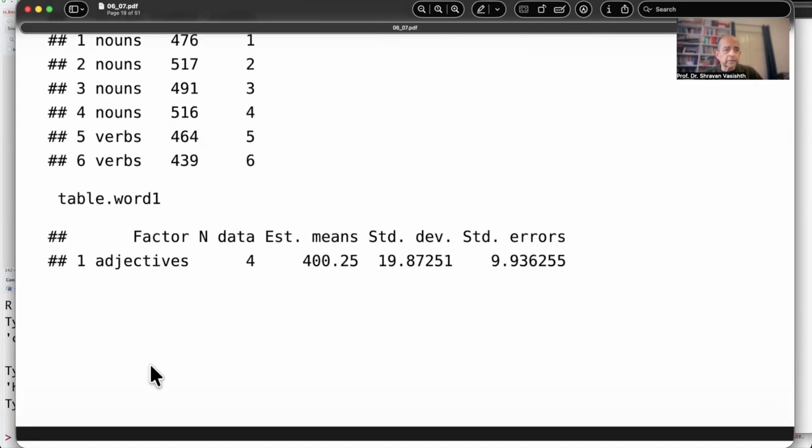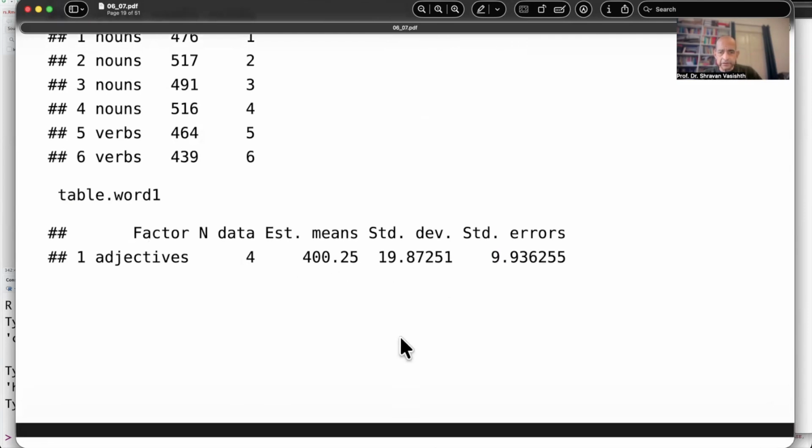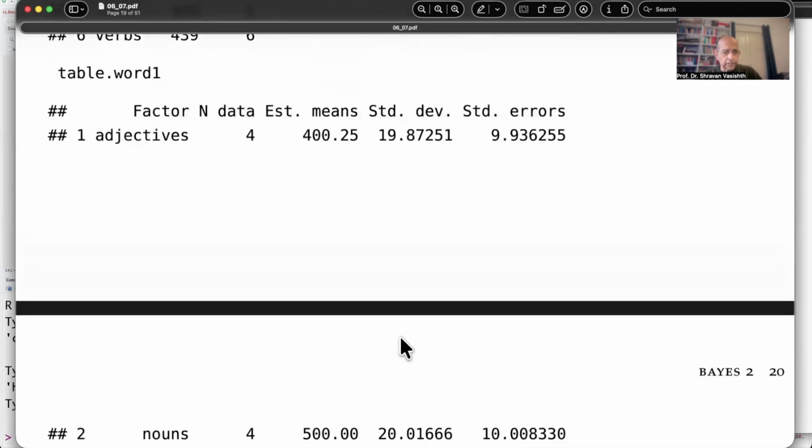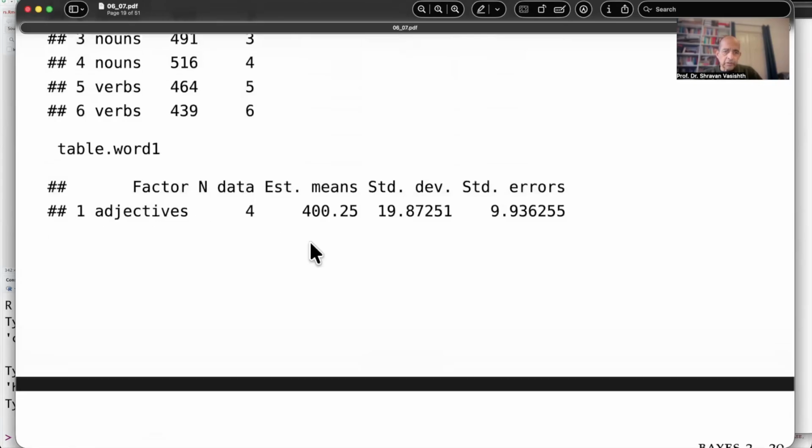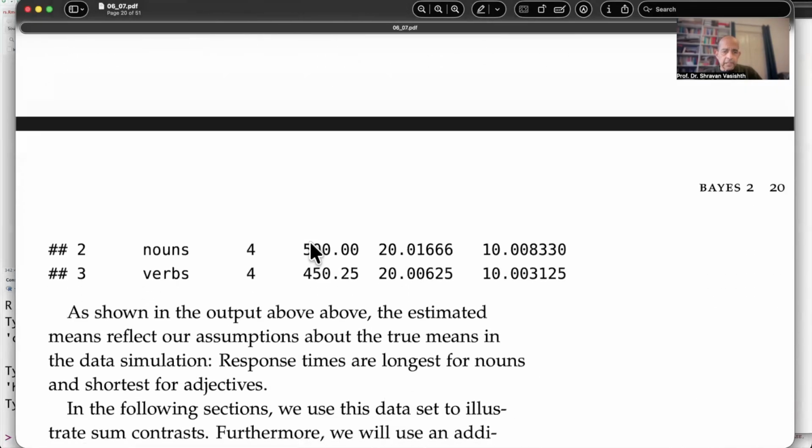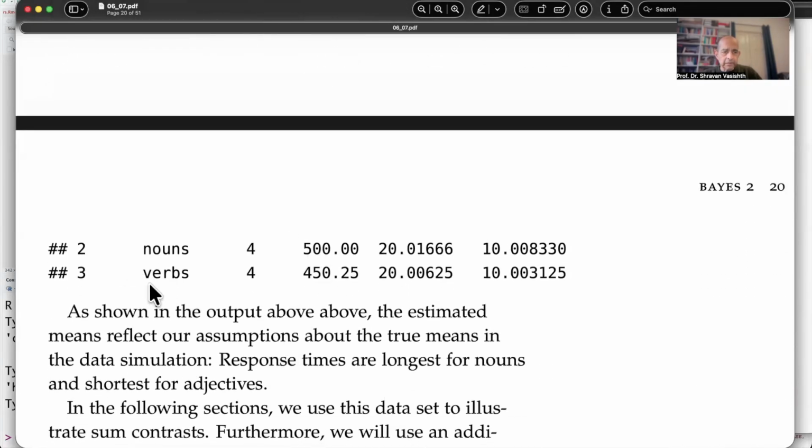So now if you look at the number of data points for each of the 3 categories, adjectives, nouns, and verbs, we have 4 data points each because it's just a toy data set. And the mean is given here with standard deviation, etc. If you see, adjectives have 400.25 as the mean, nouns have 500, and verbs have 450.